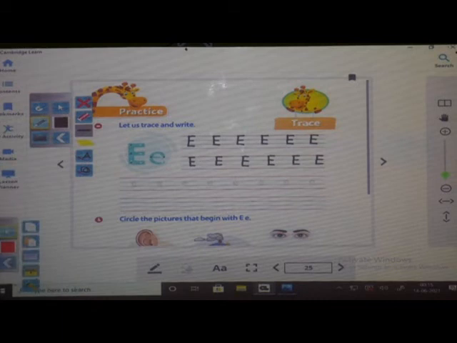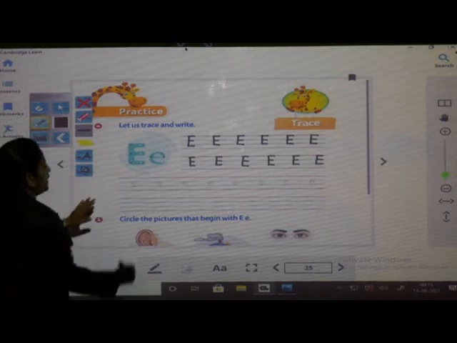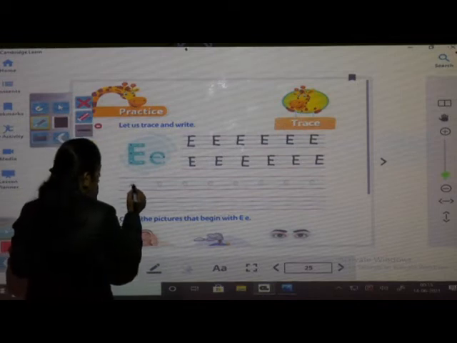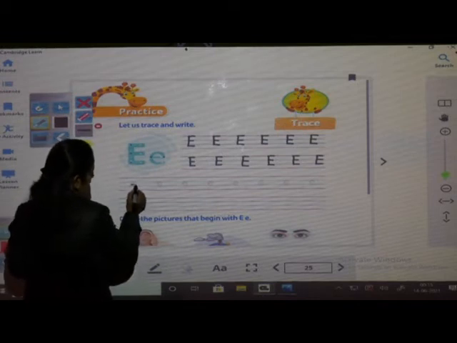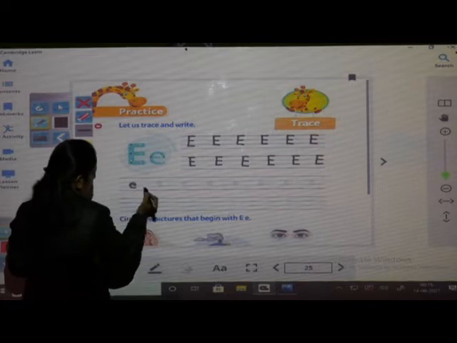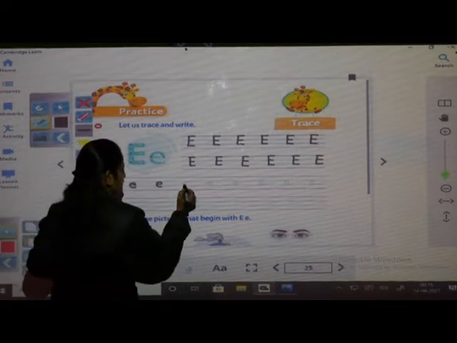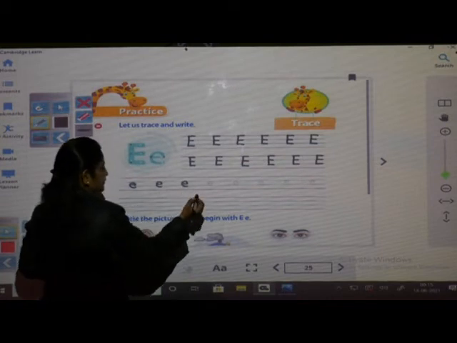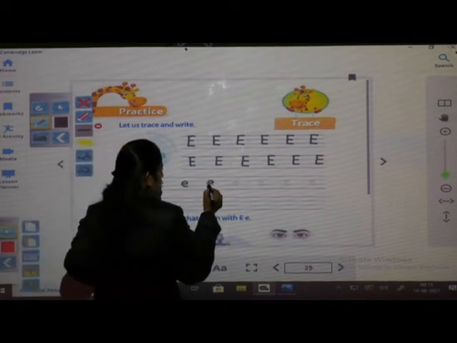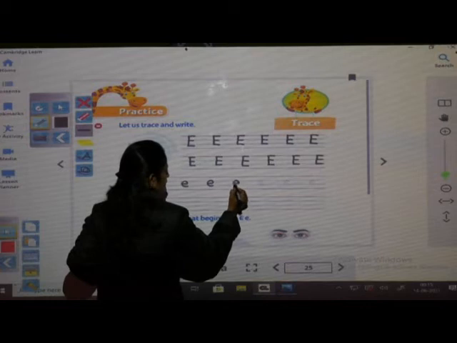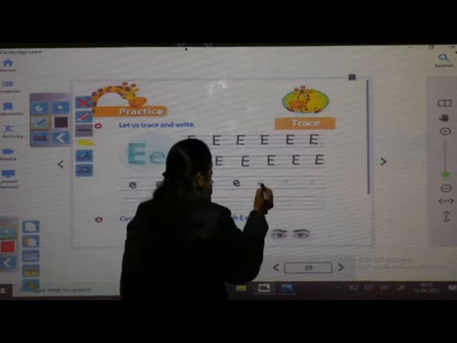Finished? Now, how to write small e? See here, in two blue lines, you have to draw one small sleeping line and a curve. This is small letter E. Small e. Write in two blue lines, okay?